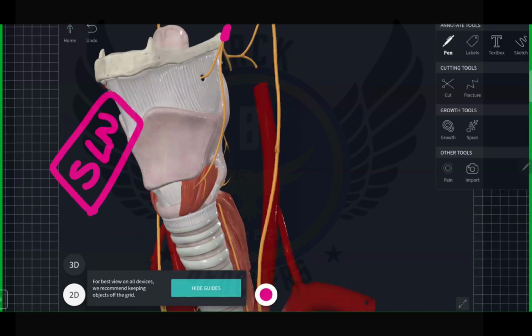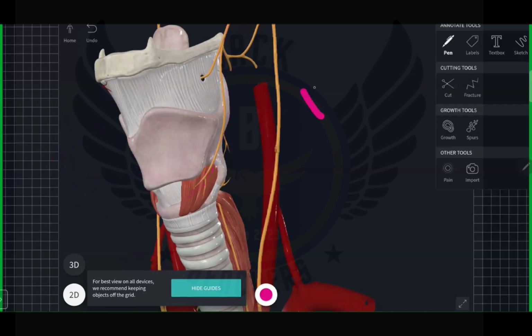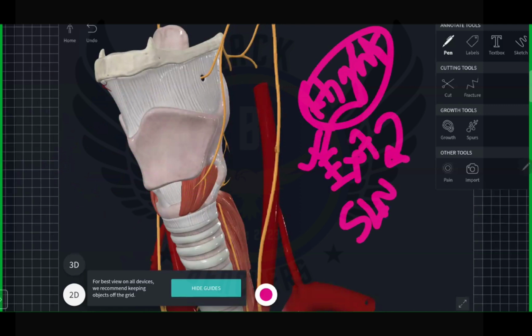Very easy, because external is a branch of the superior laryngeal nerve. If the person can't produce high-pitched sound, you have injured either the external laryngeal nerve or its fibers inside the superior laryngeal nerve. So your answer will be external laryngeal nerve, and if that's not an option, your answer will be superior laryngeal nerve.